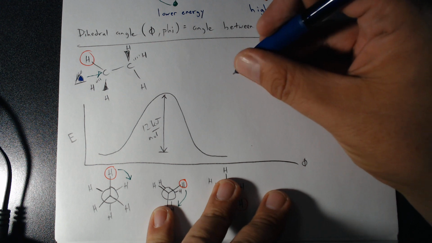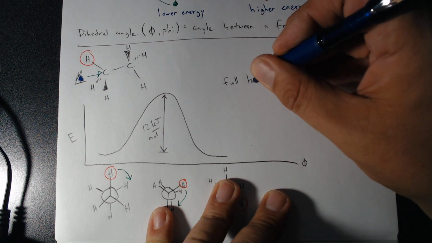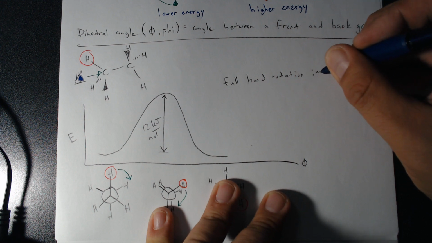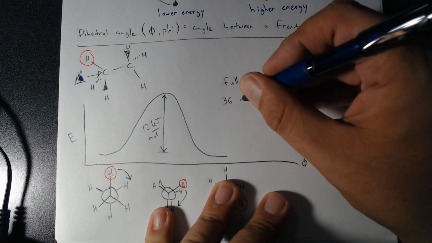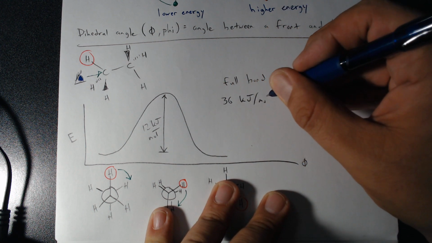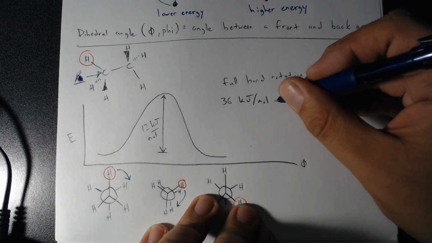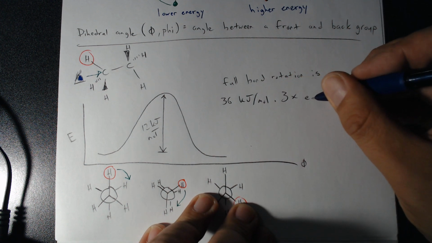The reason why is because throughout the bond rotation, we have the eclipsed conformation 3 times.